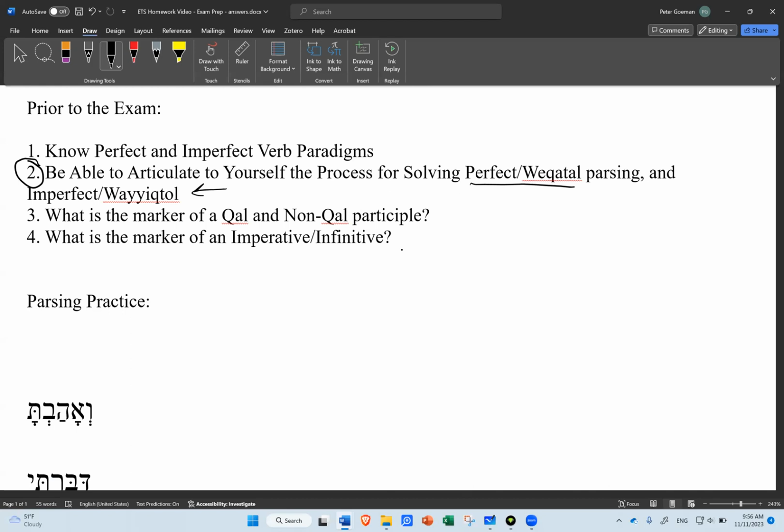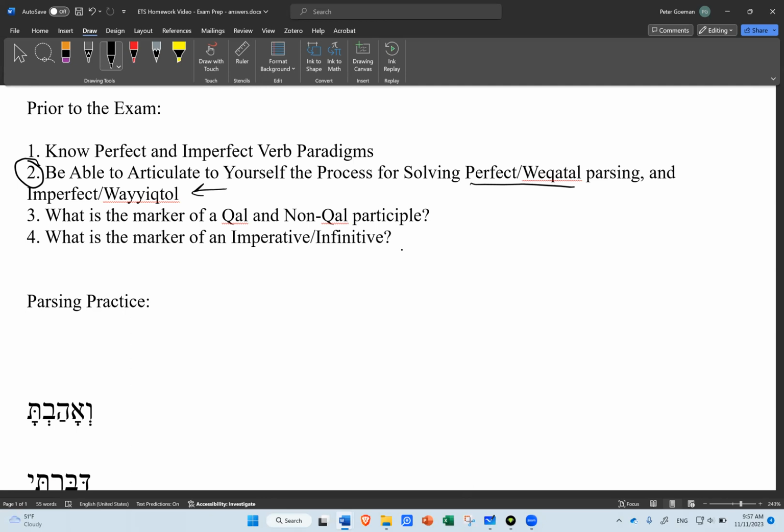So very simply, the way I would describe the process for solving the perfect, or the vukatal parsing, is that if it has perfect tendencies or perfect qualities, which would be the suffixes shamarti, shamarta, shamart, shamar, shamara, shamarnu, shamartem, shamarten, shamaru, if it has a perfect quality about it with the perfect paradigm, then you're going to use sound for parsing.